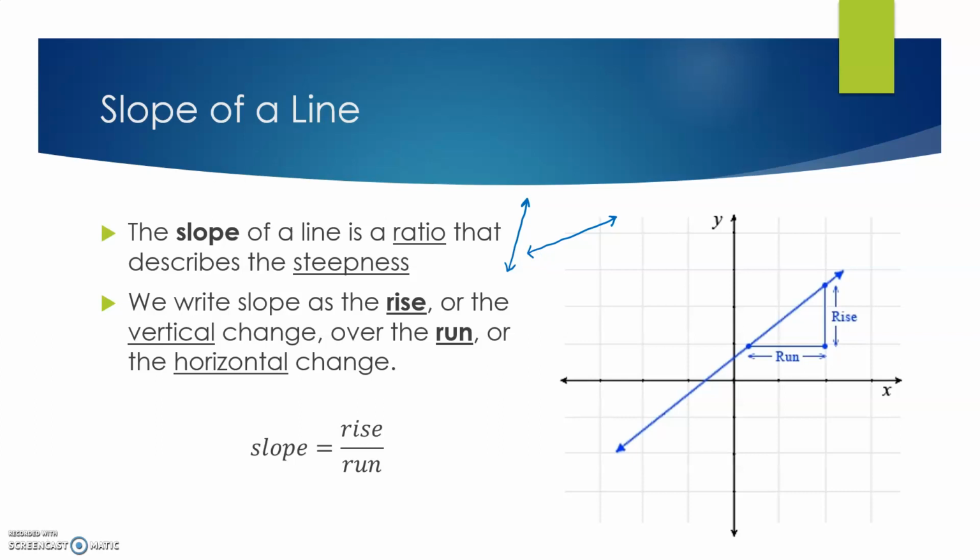And we write the slope as the rise, or the vertical change, over the run, or the horizontal change. So rise over run. You can think about it this way. But this is a phrase that you'll hear a lot. Even in upper math classes, we say slope is rise over run.